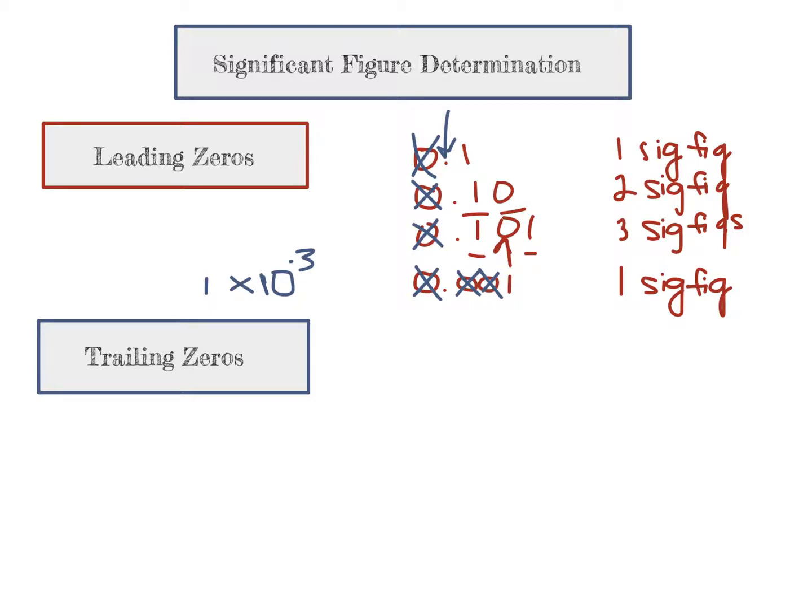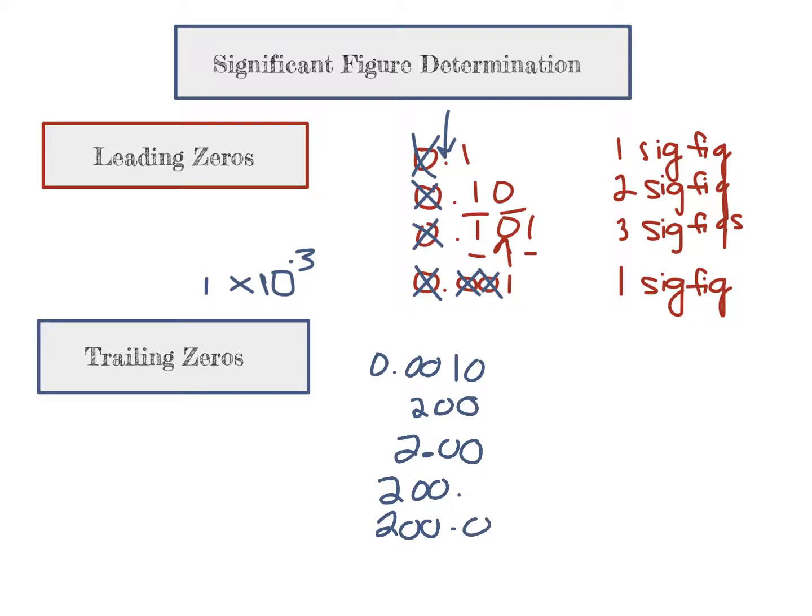Our next type of number has something called a trailing zero in it. Examples of things with trailing zeros. We have 0.0010, 200, 2.00, 200 with a decimal place at the end, and 200.0 with an extra decimal digit at the end.